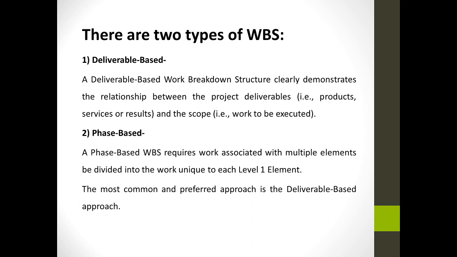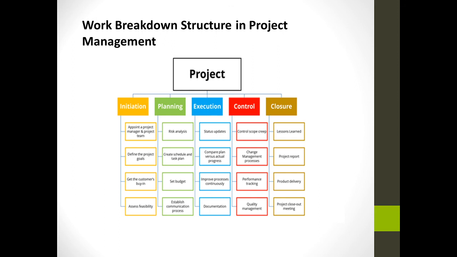A phase-based work breakdown structure requires work associated with multiple elements be divided into the work unique to each level one element. The most common and preferred approach is the deliverable based approach. That is, the first type is mostly used.